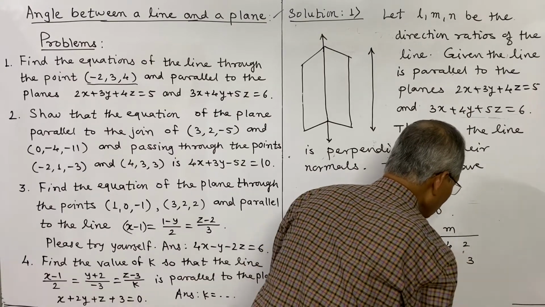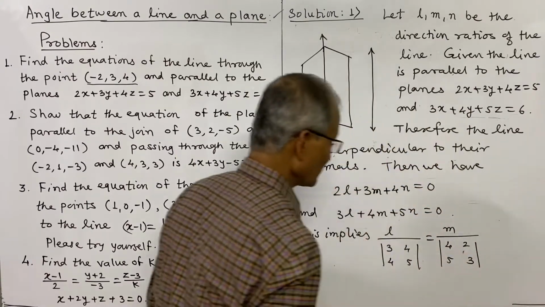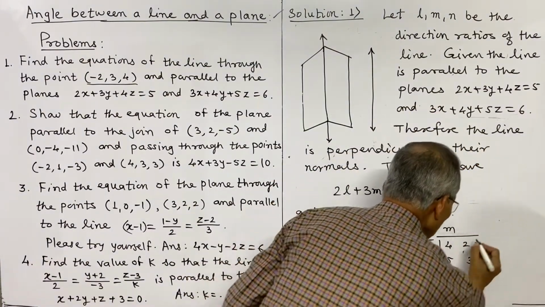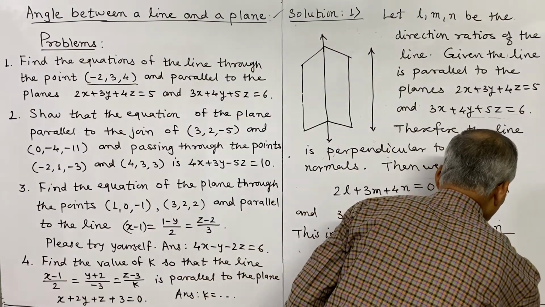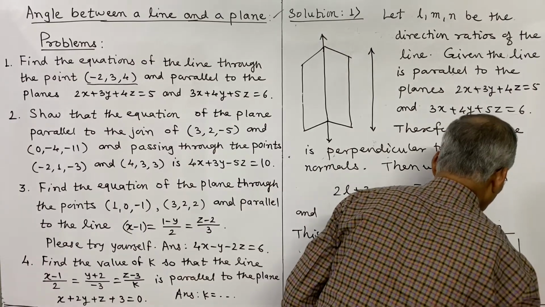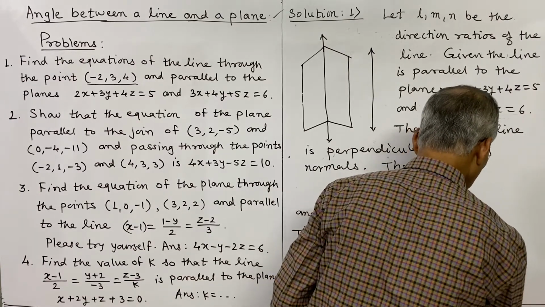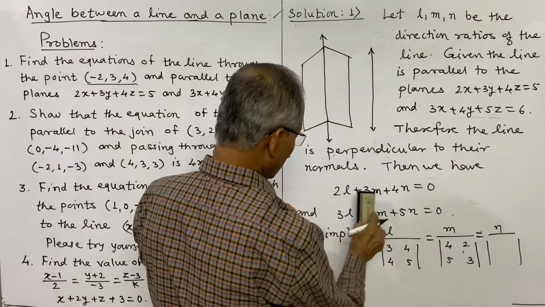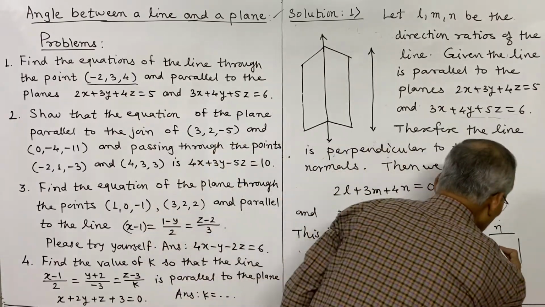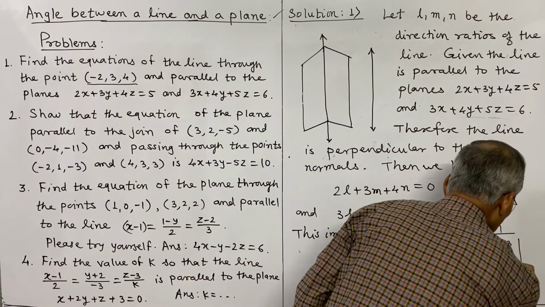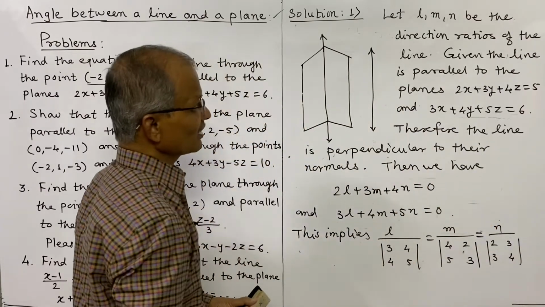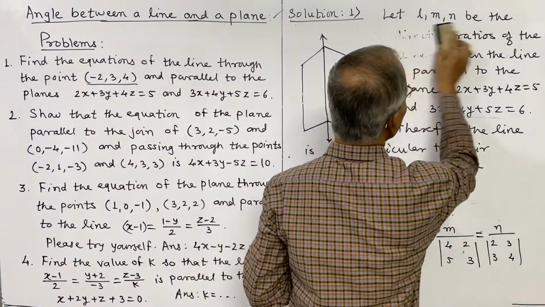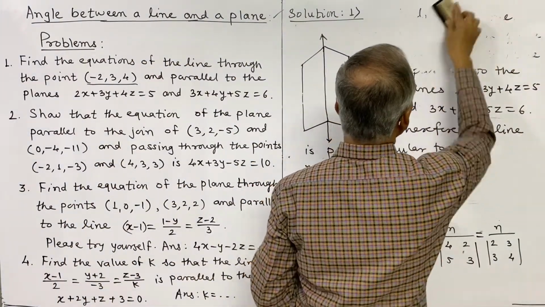And next n divided by the determinant 2, 3, 3, 4. From this we shall solve and get the values of l, m, n. So these are the DRs of the line.